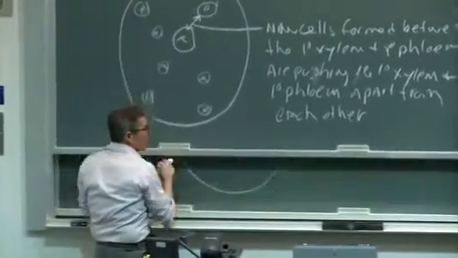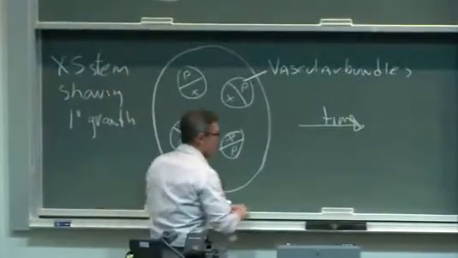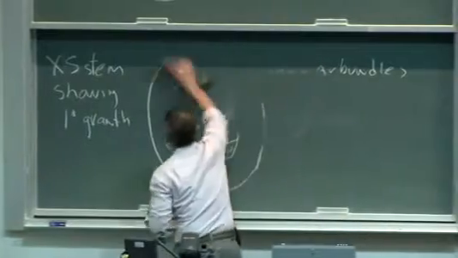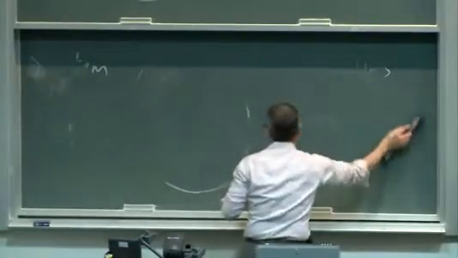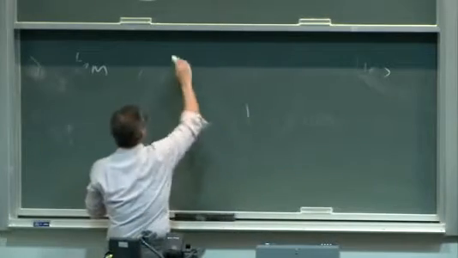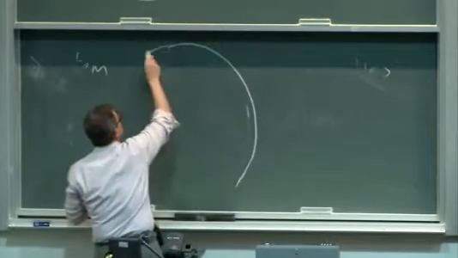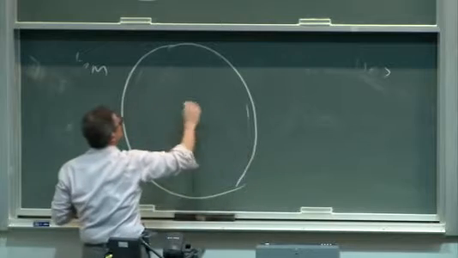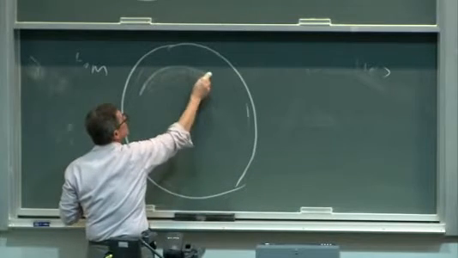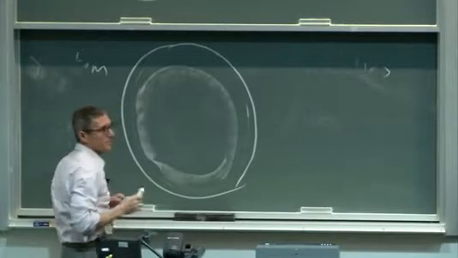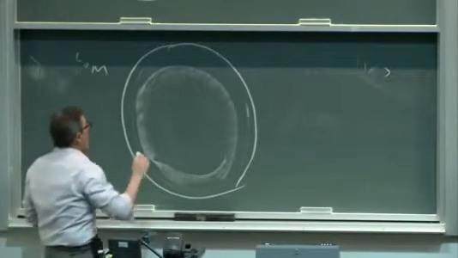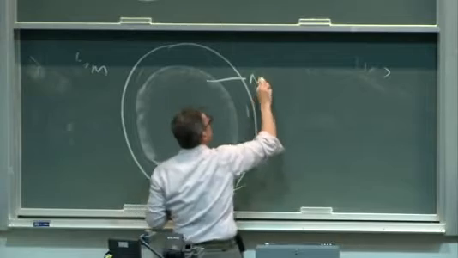And if we look very carefully at this stem, what we find is that the zone of new cell production extends the entire circumference of the stem. So what we find is that we have new cell divisions extending the entire circumference of the stem. These are new cell divisions.